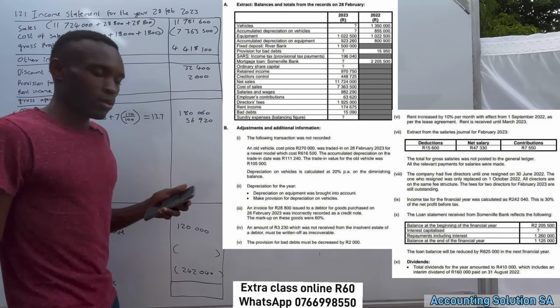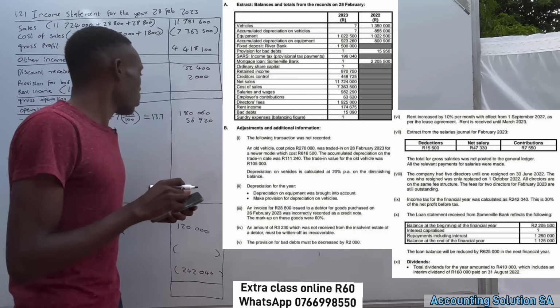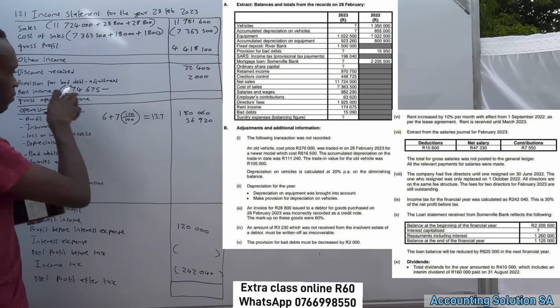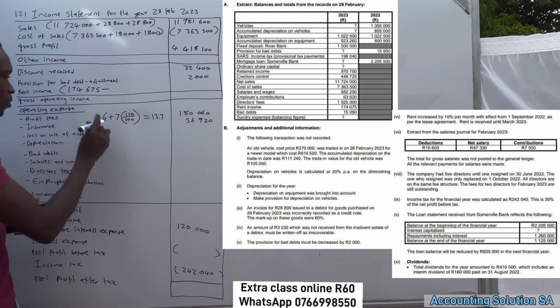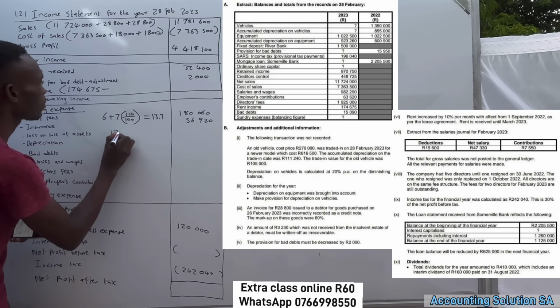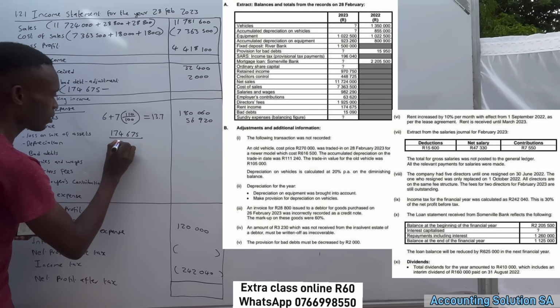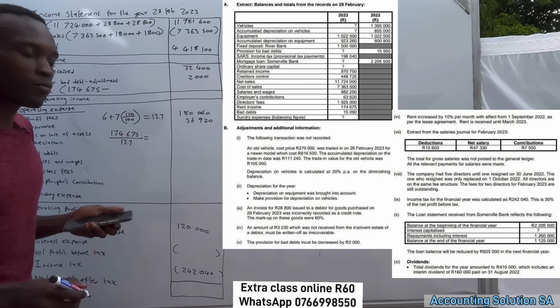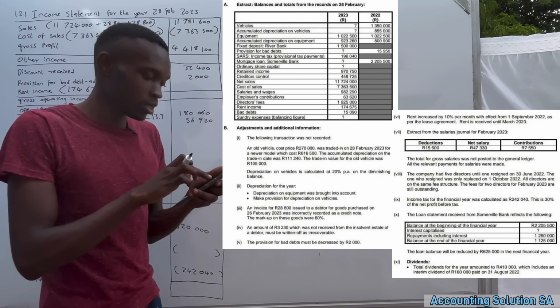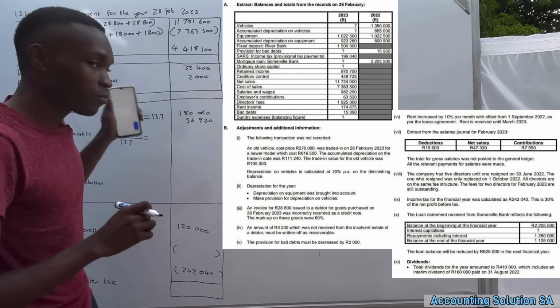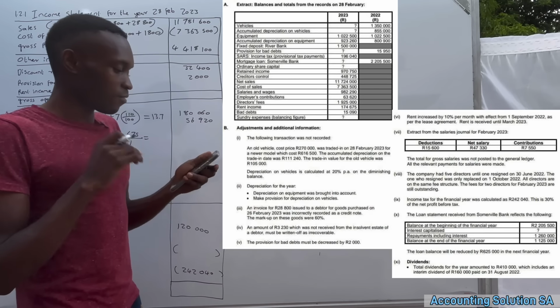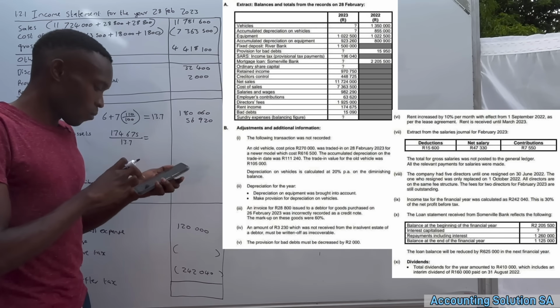This 13.7, guys, is the one that you are going to divide by. You are going to say 174,675 divided by 13.7. You will get the amount before this rent has increased, but now it's going to be simple for you to calculate the one that we are looking for, which already has the effect of the increase.